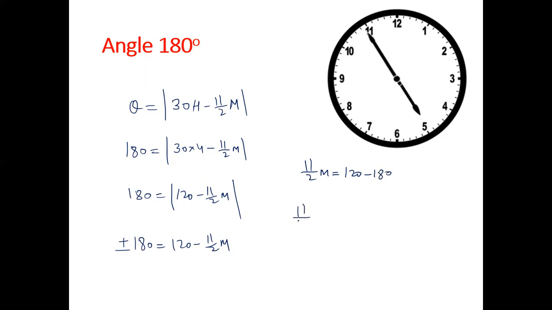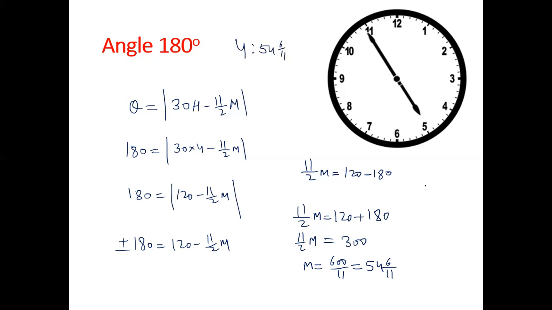But if we take minus 180, then we can write 11 by 2m is equal to 120 plus 180. The sum of these two is 300. So the value of m will be 600 by 11, which is 54 and 6 by 11. This time is 4:54 and 6 by 11.